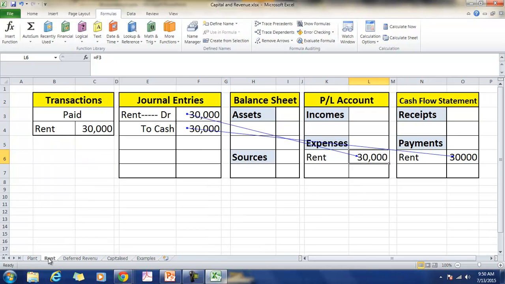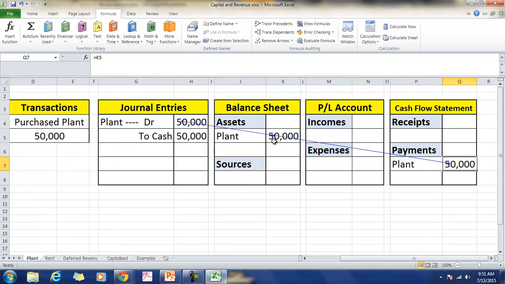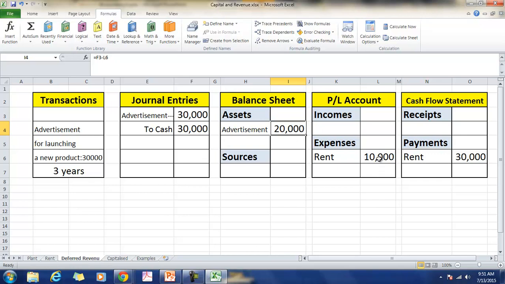So the revenue expense like rent is fully shown in the income statement, the plant fully shown on the assets, whereas the deferred revenue is partly shown in the income statement and partly shown in the balance sheet.